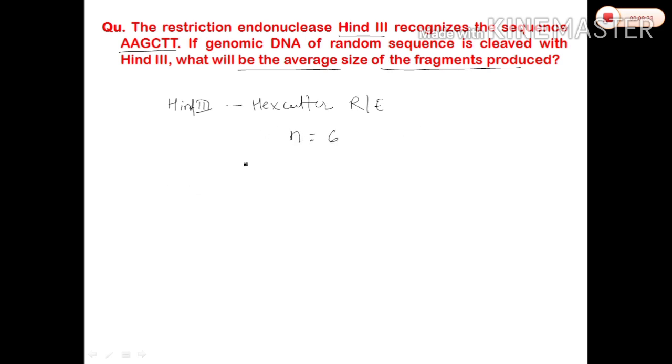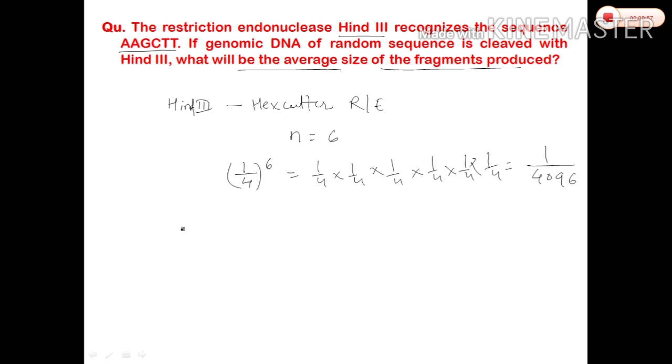So putting this into this formula, 1 by 4 raised to the power 6. If you multiply 4 six times, it will be 1/4096, right? What does it mean actually?